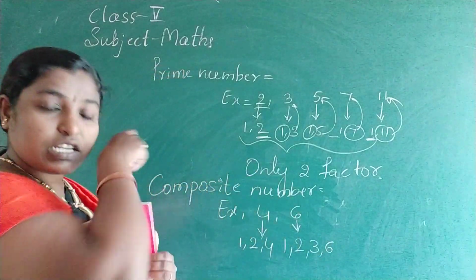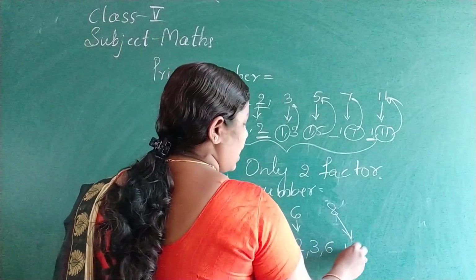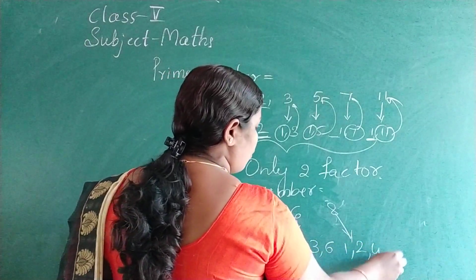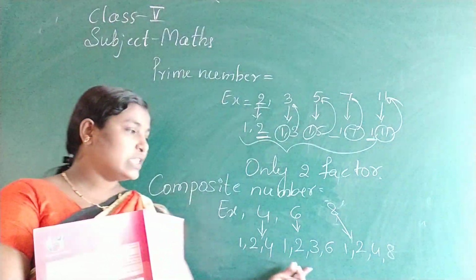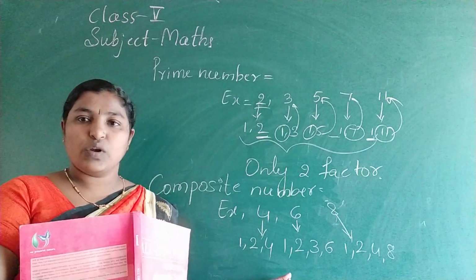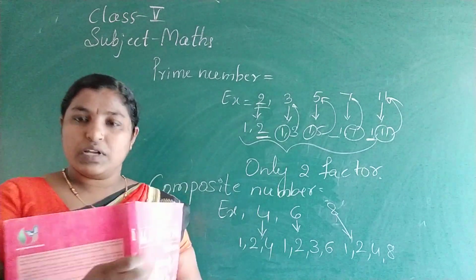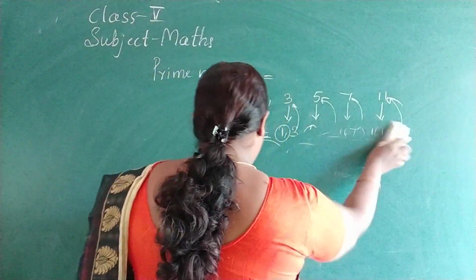There are 4 factors for 6. And 8. 8 has 1, 2, 4 and 8 as its factors. So a number which has more than two factors is known as a composite number. I hope you understood. Now we will solve the practice.